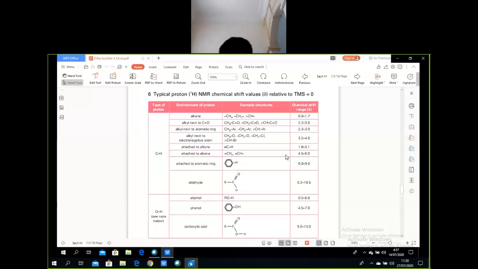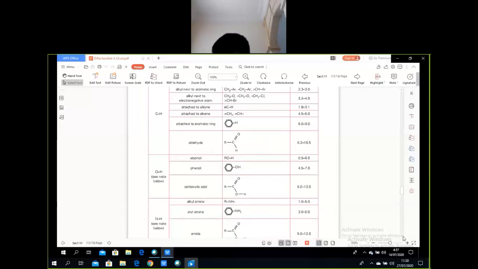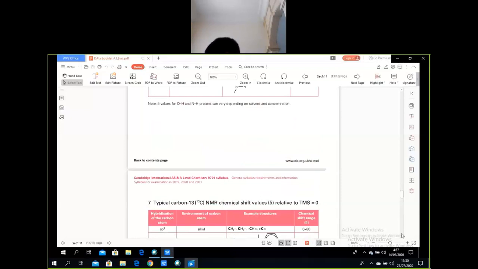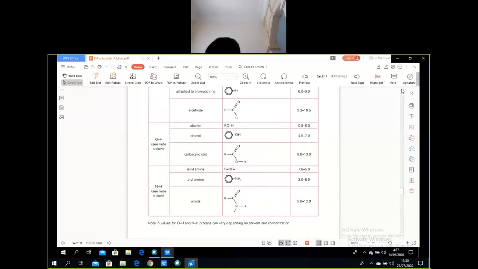Why? Because it is an alcohol, so it is in a wider range. Based on the hydrogen atom, it is in the alcohol range between 0.5 until 6.